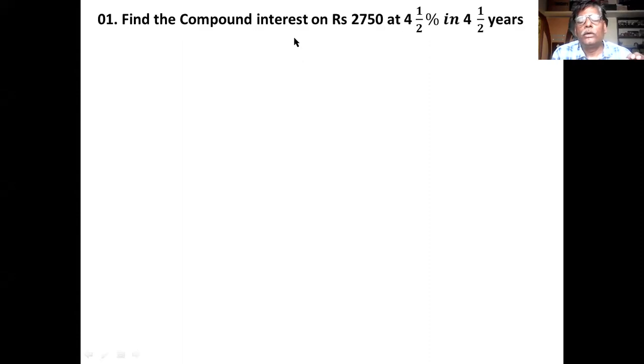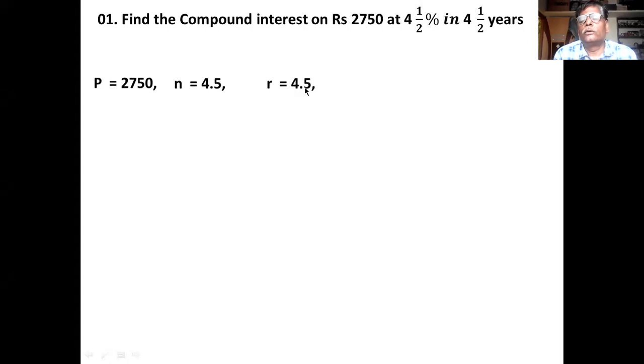Whenever they ask to calculate compound interest, you calculate the amount first. Calculate the amount and then deduct the principal, and you will get the interest. You see here, P is 2,750, N is 4.5. 4 integer 1/2 means 4.5 years.